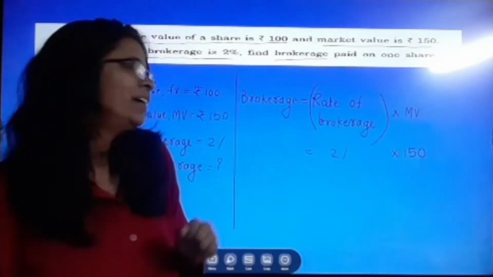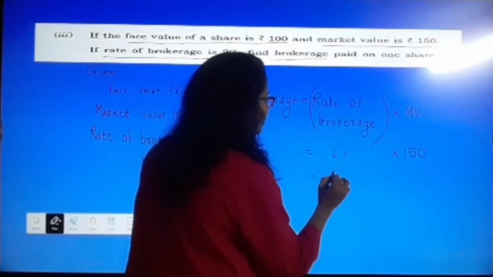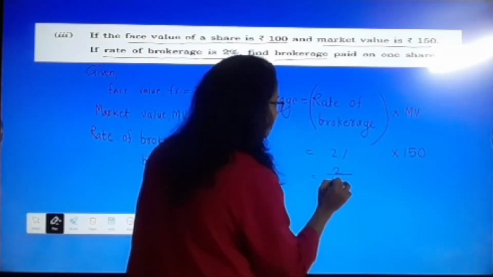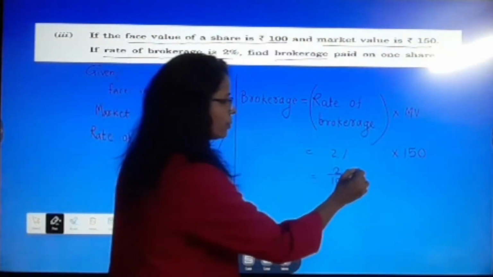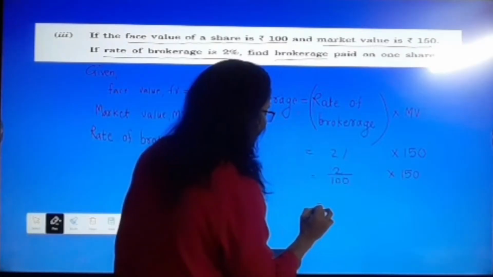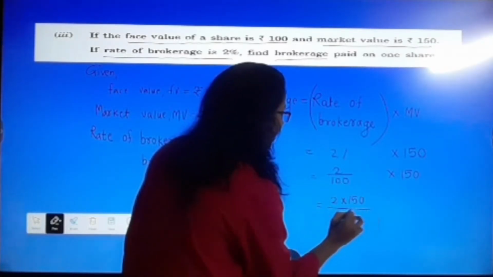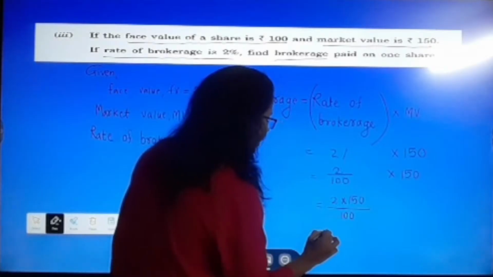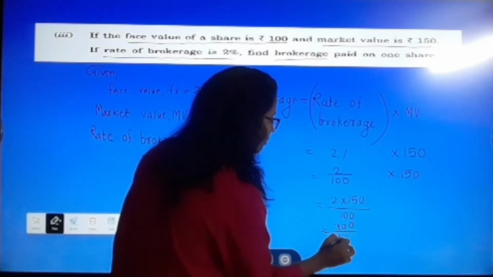Okay students, here we multiply 2% by 150, and we know that 2% means 2 upon 100. Now we simplify it: 2 multiplied by 150 divided by 100. 2 times 150 is 300, divided by 100.